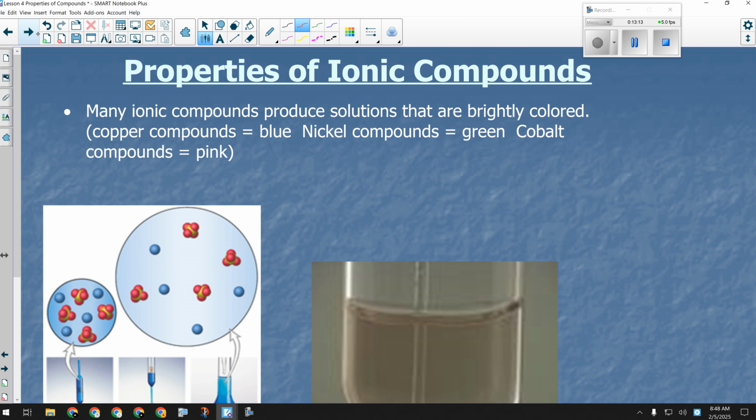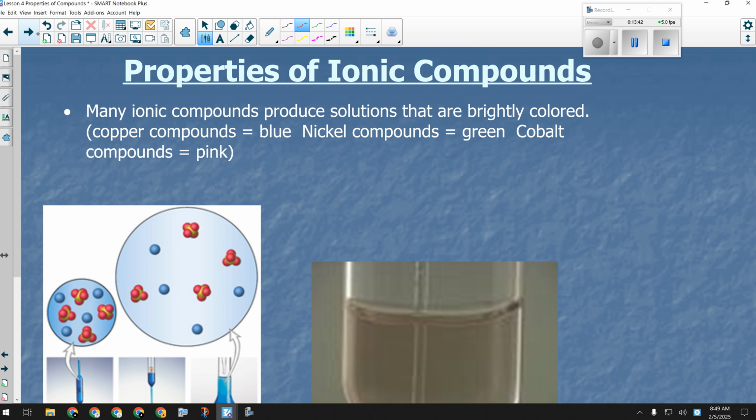All right, so there's a list of these here on this page. Many ionic compounds produce solutions that are brightly colored. Copper compounds are blue. That can be anywhere from bright blue to pale blue. Nickel compounds are green, and cobalt-containing compounds are red, pink, borderline orange sometimes. In this case, the one we have is kind of the borderline orange.